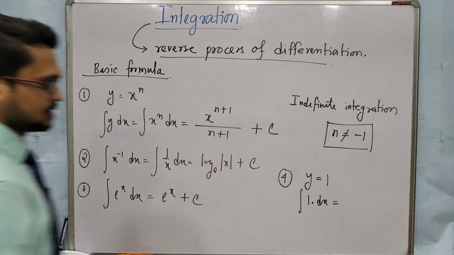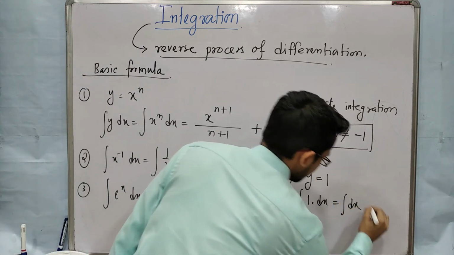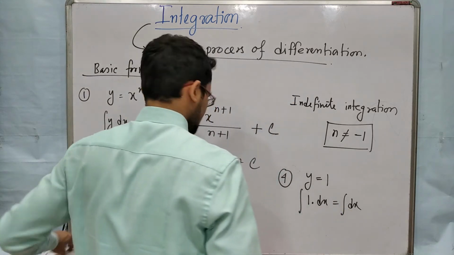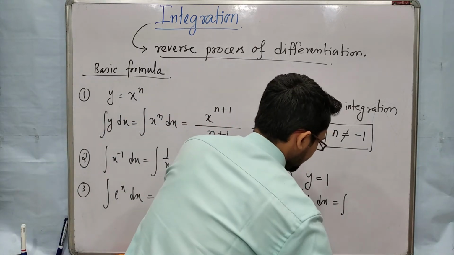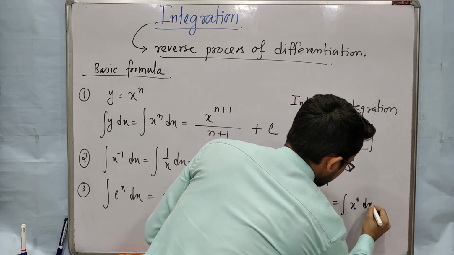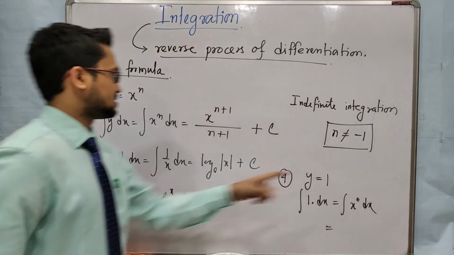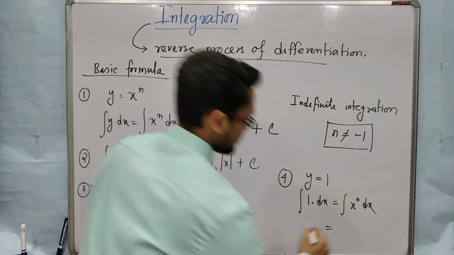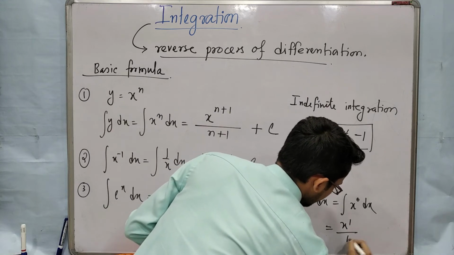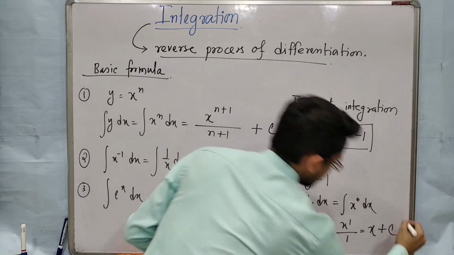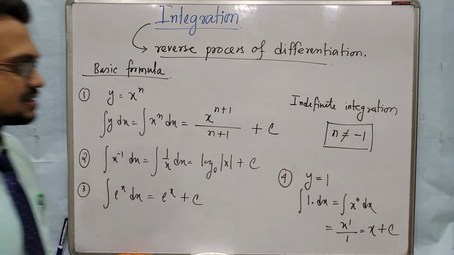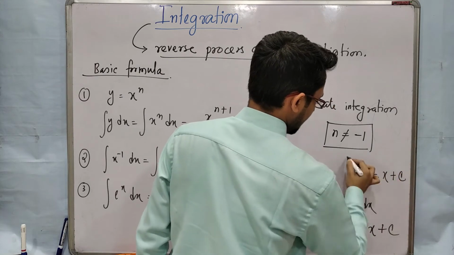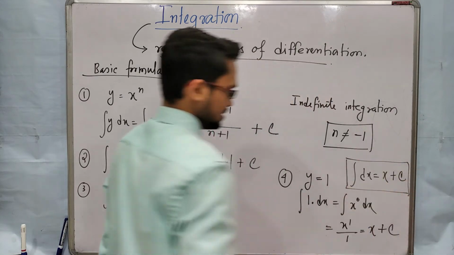We can also write dx as x to the power 0 dx. Now it looks like the first one: 0 plus 1 means 1, so 1 by 1, that means x plus c. So integration dx means simply x plus c. Remember this is very important.